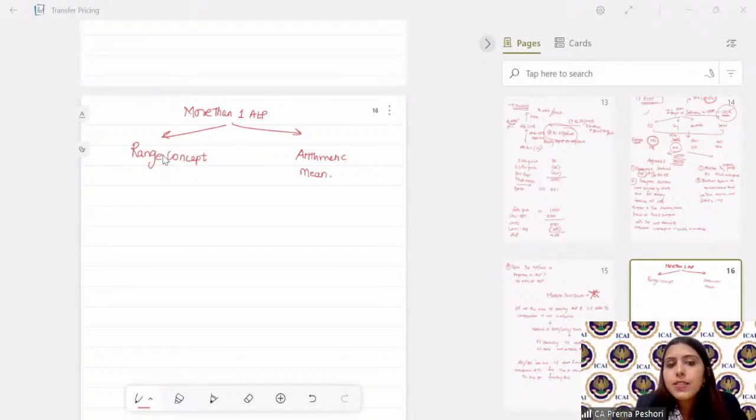Now let's try and understand how or when this range concept works.